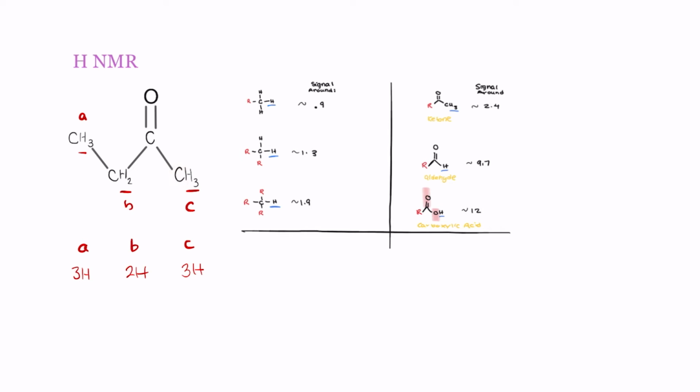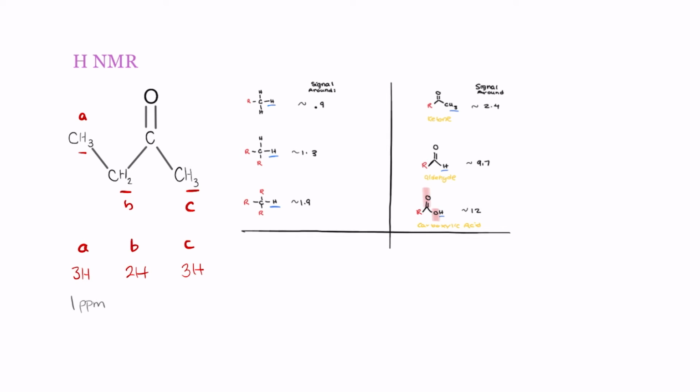And so we see that this R group is pretty electron withdrawing. So remember I told you that we shouldn't be so fixated on these numbers, because yes, this number can be 0.9, but because the R group has a lot of business going on, it might be around 1 or even 1.1. So we're going to guesstimate that the signal would be around 1 ppm.